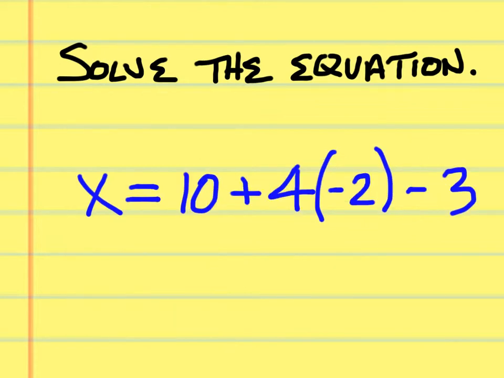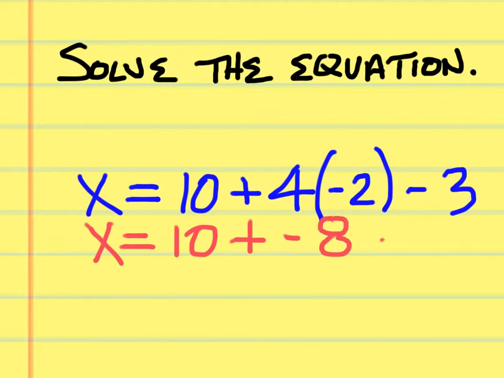What do I do first in this one? Yeah, 4 times negative 2. What is 4 times negative 2? Negative 8. What do I do first in this next line?